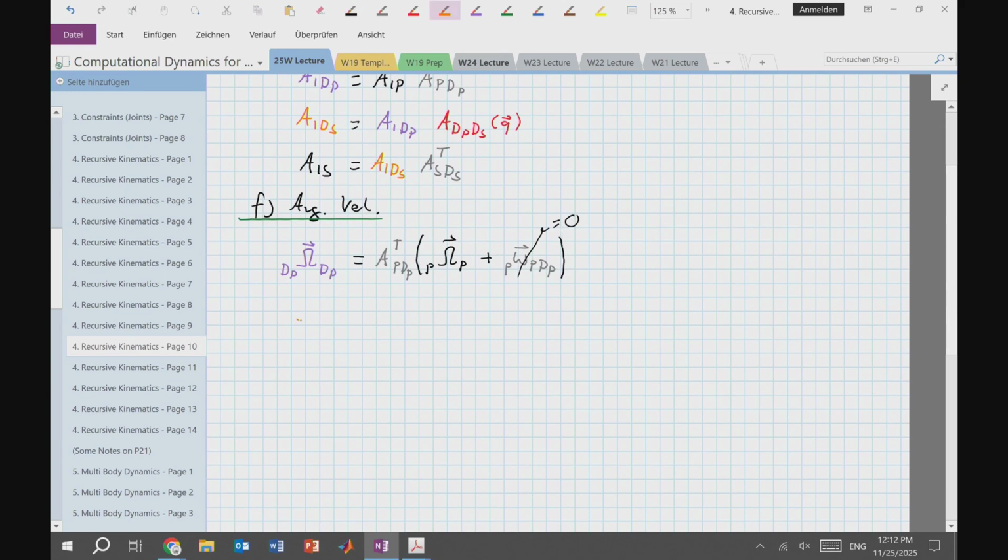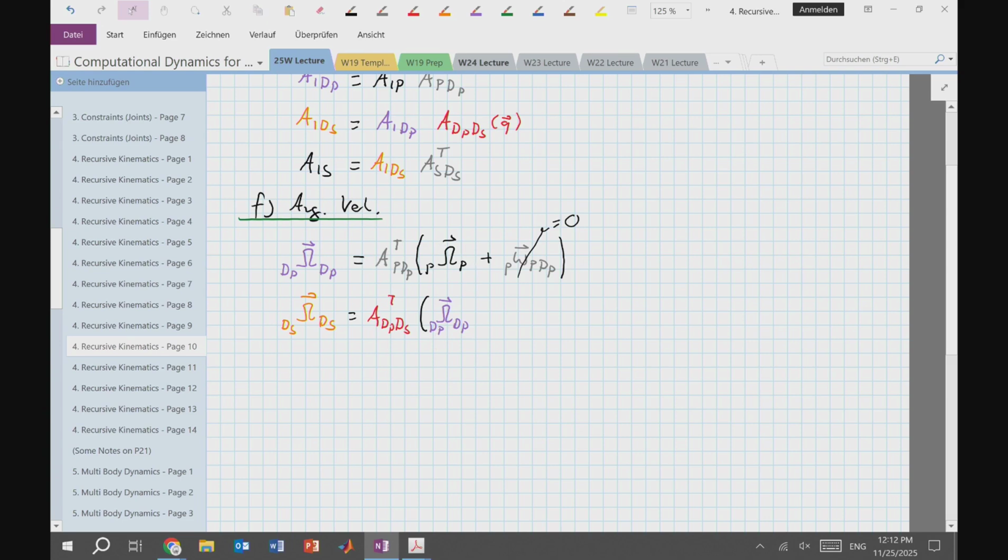Now comes the next step, where we go to the ds system. And I want this in ds coordinates. And because of that, I already know I need some transformation matrix A dp ds transposed, written here in red because that, of course, depends on our joint angles q. Now I have omega dp in dp coordinates, which is, as we see here, the same as omega p in dp coordinates.